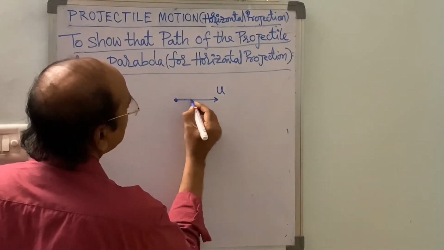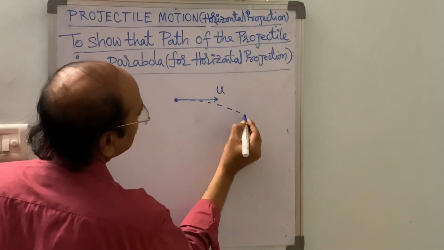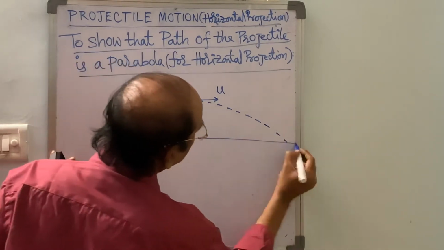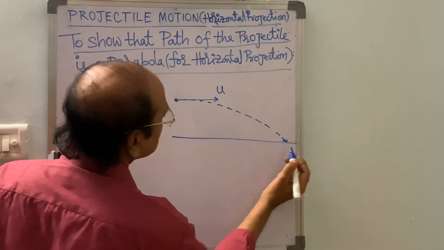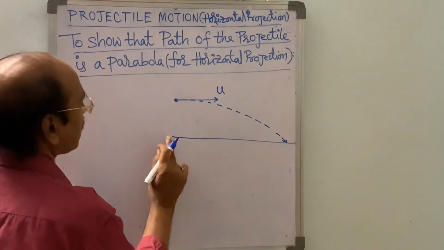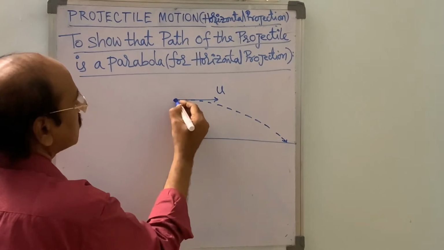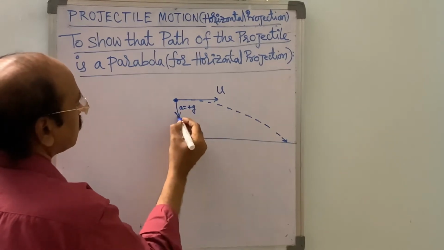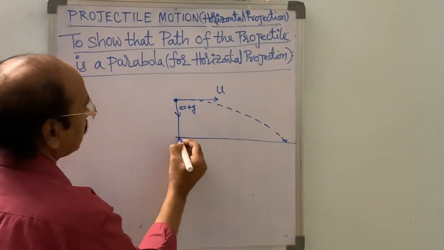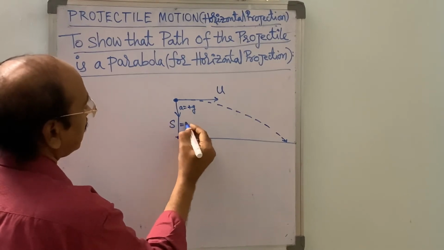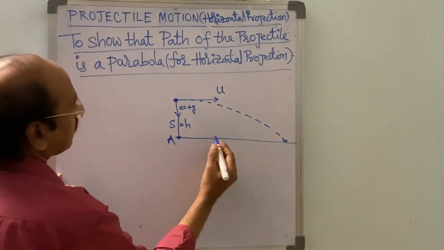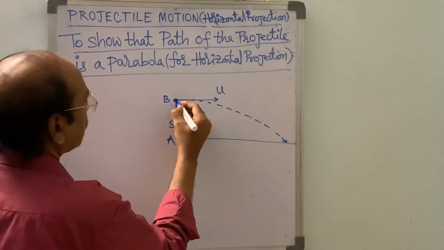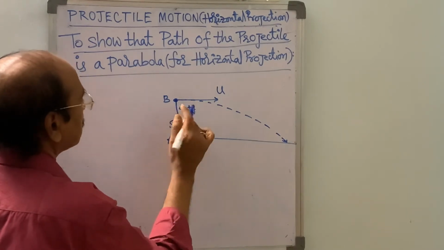As it moves in the forward direction, it gradually moves towards the earth as g is acting; its weight is acting vertically downwards towards the center of the earth. So here the vertical distance AB is called the height from where the body is projected in the horizontal direction.